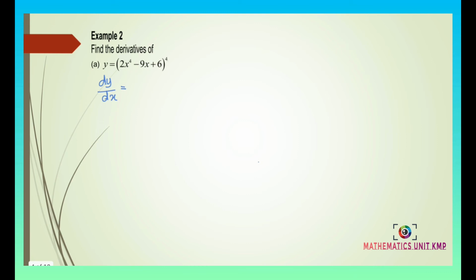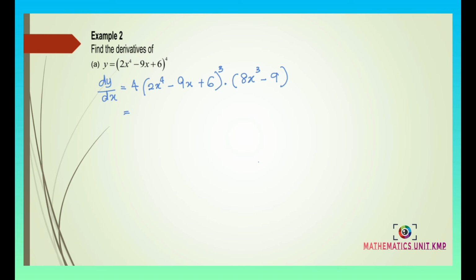We bring down the power, so we have 4 times the function (2x power 4 minus 9x plus 6) power 4 minus 1, and then we multiply with the derivative of the function, 8x cubed minus 9.